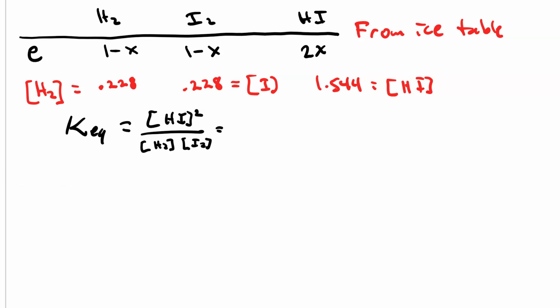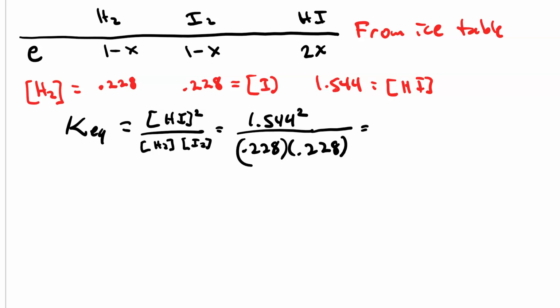So plugging in those values, we have 1.544 squared over 0.228 times 0.228. Which gives us 45.859, which, if you will recall, was the given value of KEQ.